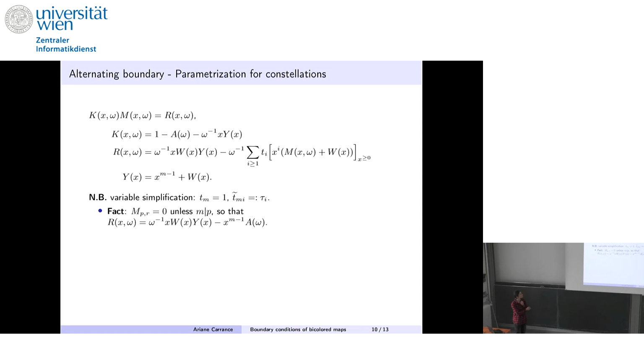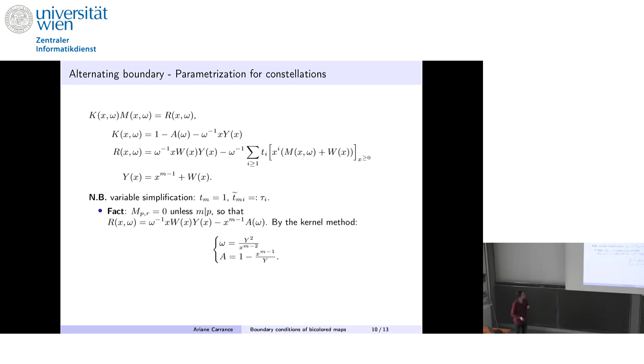So this annoying function R gets much simpler because this part is just a monomial, because the only term here that has a non-negative power of x is this one.